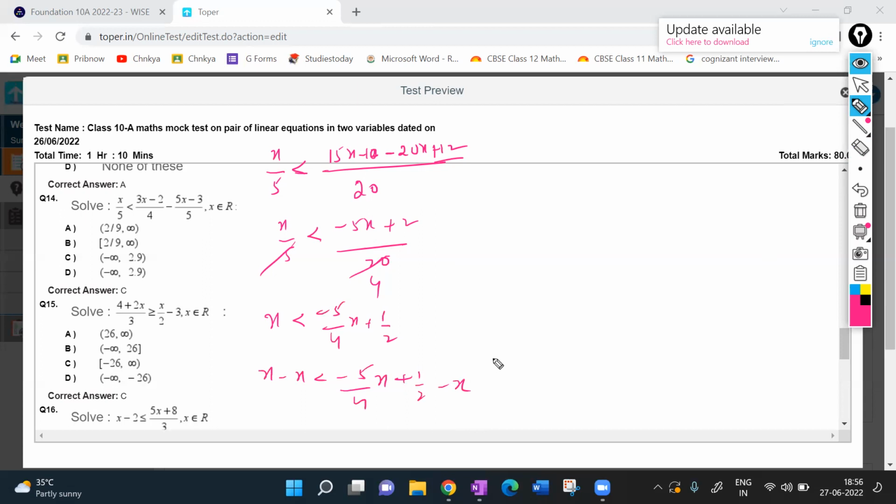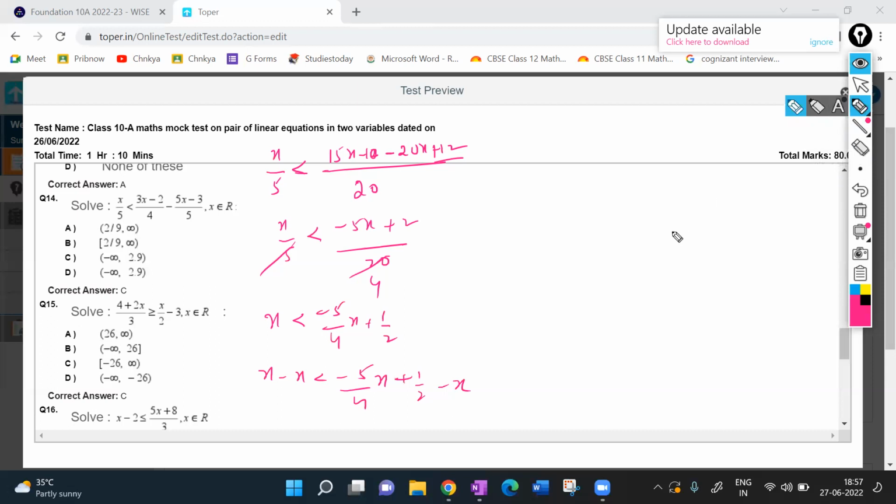The one you cancelled after that, you have to take 4 into x on the other side. Tell me. Sir, you cross multiply 4 into x. I didn't cross multiply 4 into x. Where are you saying?